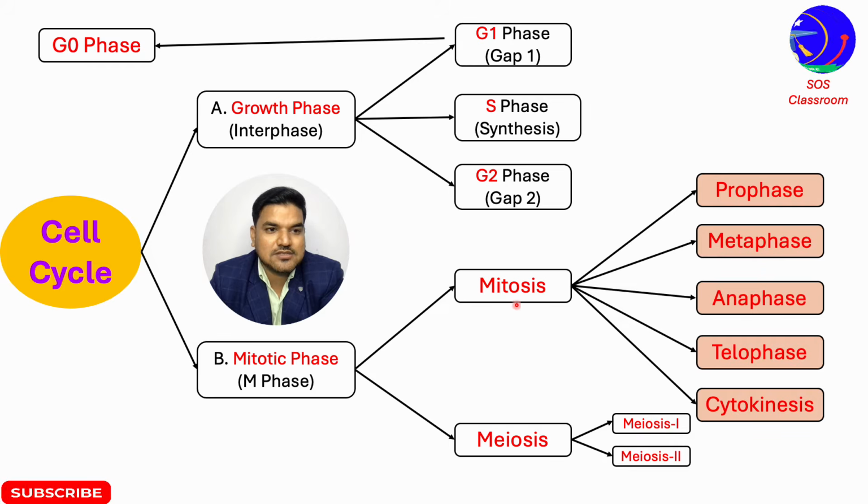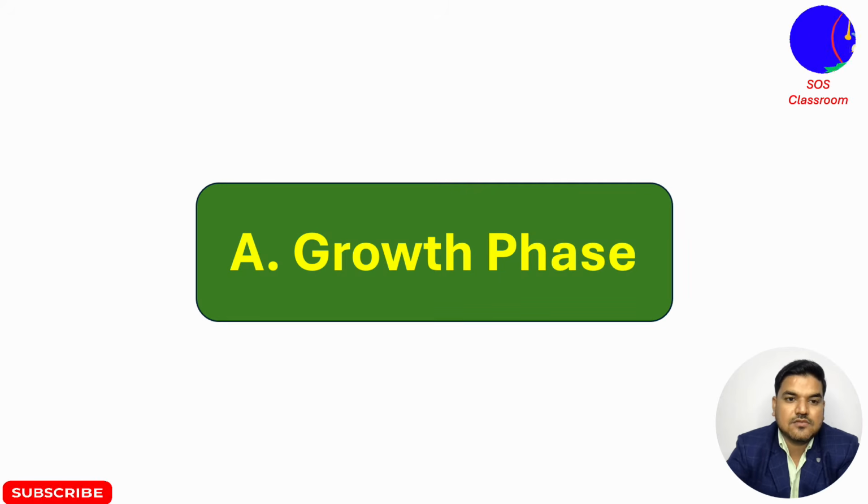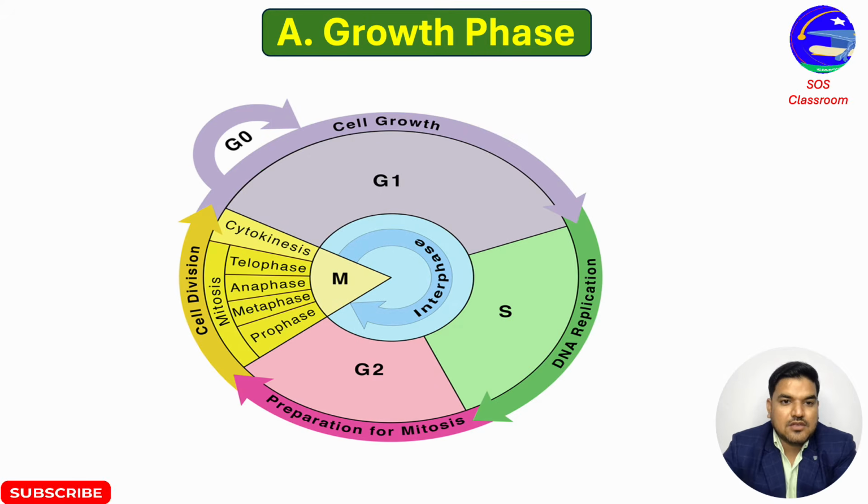I hope you understand this cell cycle. Next, first of all, we discuss the growth phase, interphase. After that, we will discuss the remaining. In the growth phase, we will discuss growth 1, synthesis phase, and growth 2, preparation for mitosis.